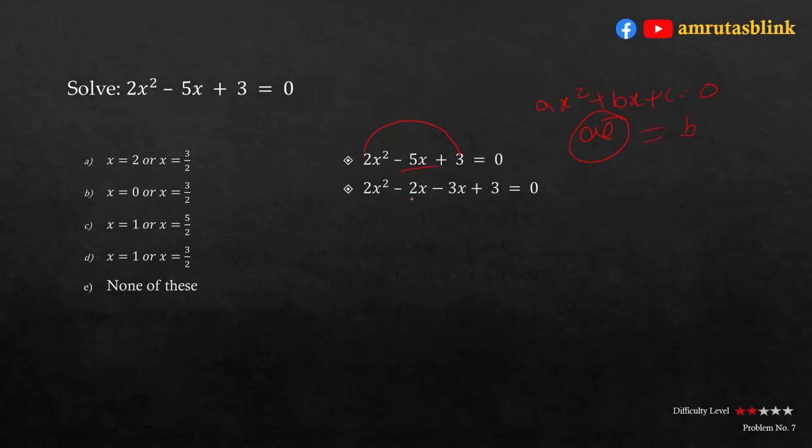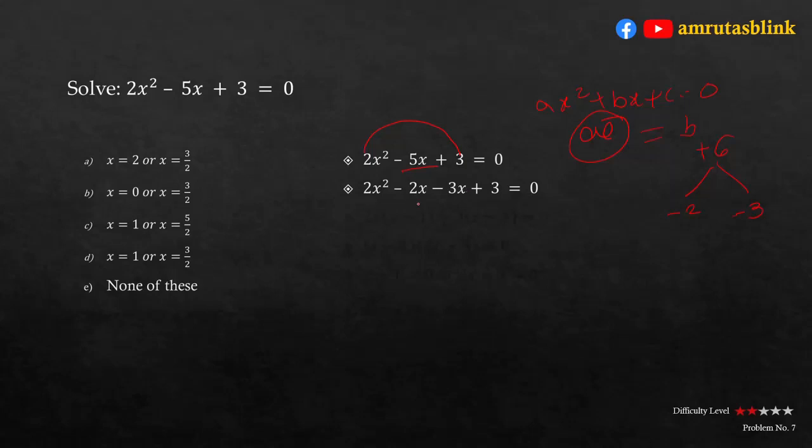Hence 2x square is equal to... so we need to find out the factors of this plus 6 as minus 2 and minus 3. So minus 2 into minus 3 will be plus 6, and minus 2 minus 3 will give us the summation as minus 5. Hence we will split this minus 5x into minus 2x minus 3x.